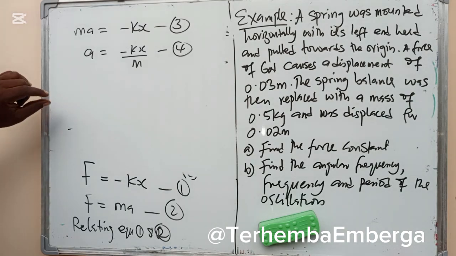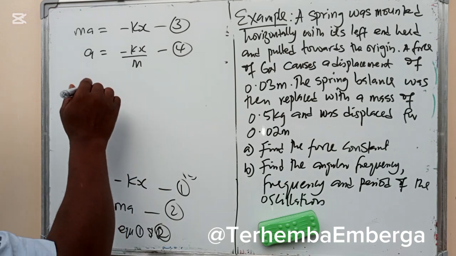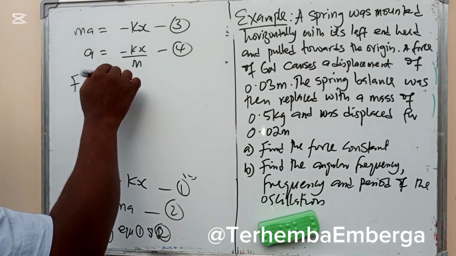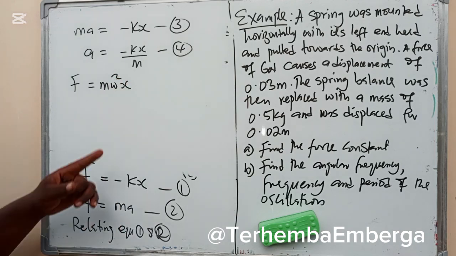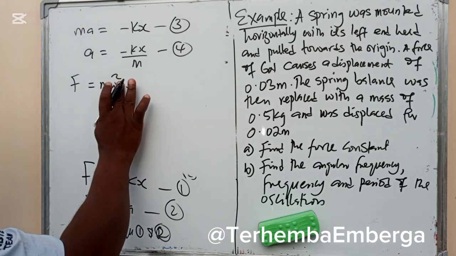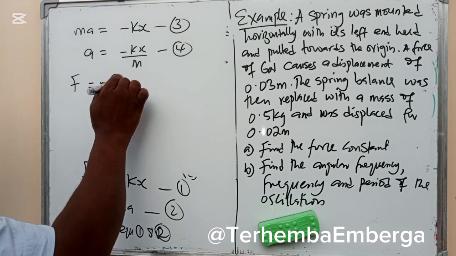But we also know that F is equal to m omega square x. When we're talking about centripetal force, we use r, but here we use x because we're talking about displacement.